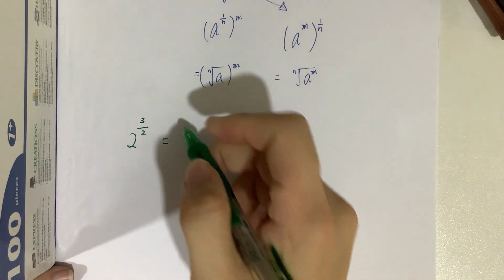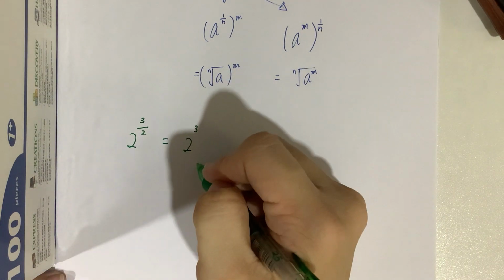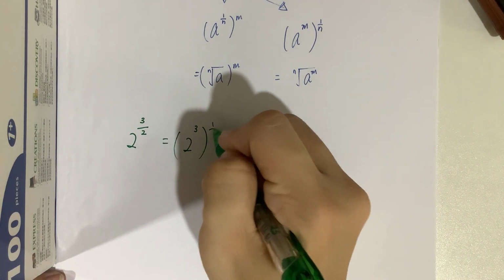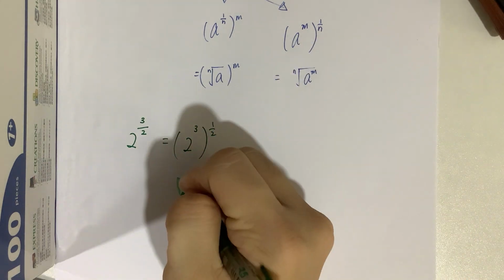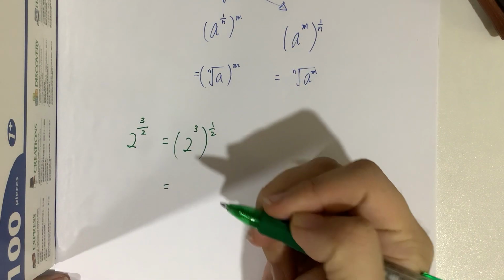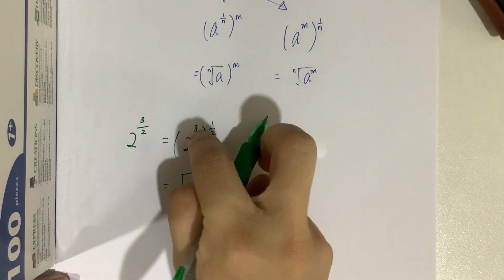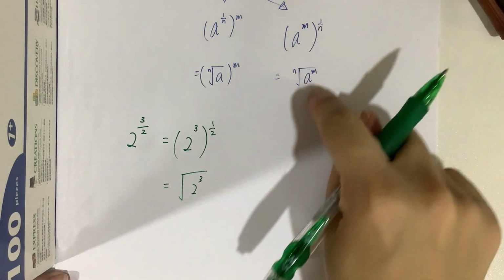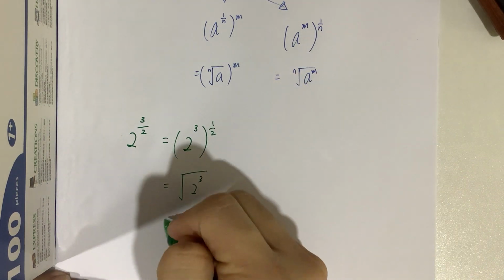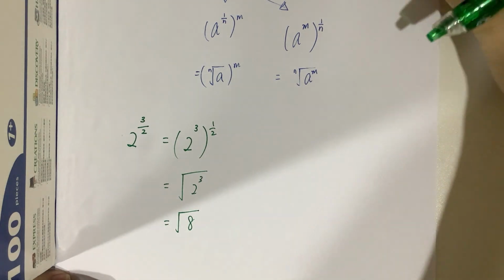So this one, I learned, is to the power 3 and power half, right? So power half is actually square root of 2 to the power of 3, correct? So I'm actually working out the square root of 8. So this is the answer.